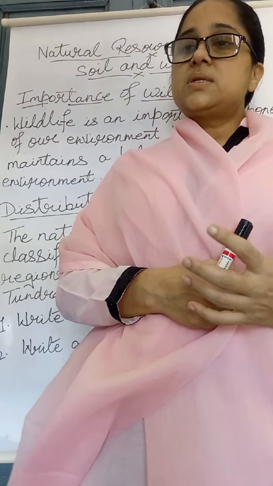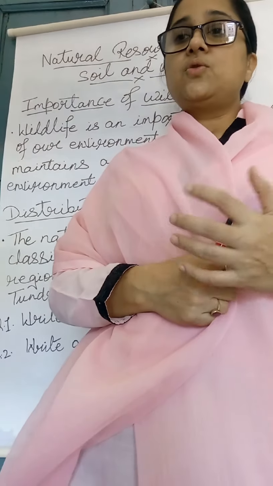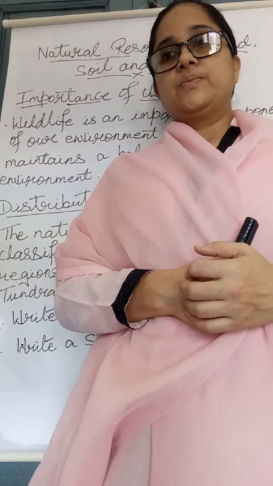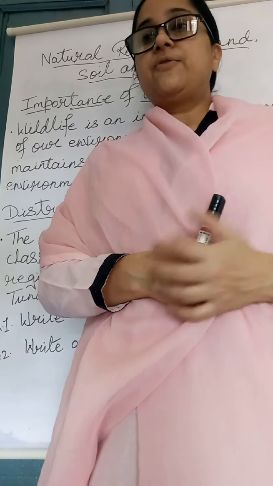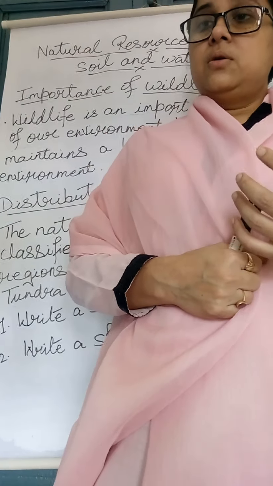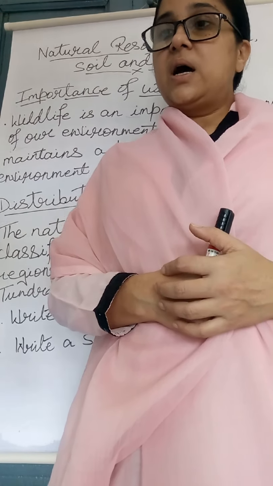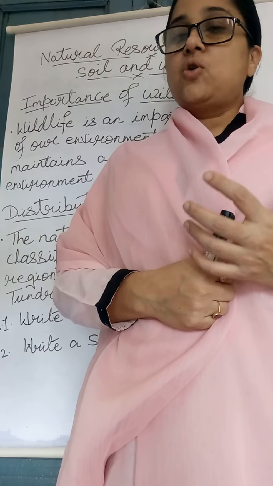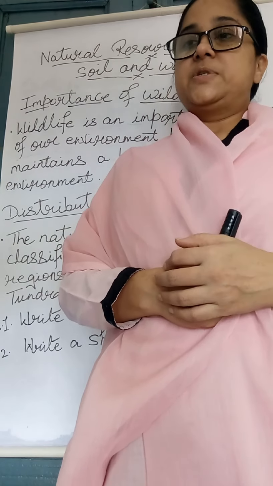So this tropical evergreen forest is also known as tropical rainforest, where this type of forest grows in heavy rainfall areas of the Western Ghats, Andaman and Nicobar Islands. So in all these places, this forest develops.